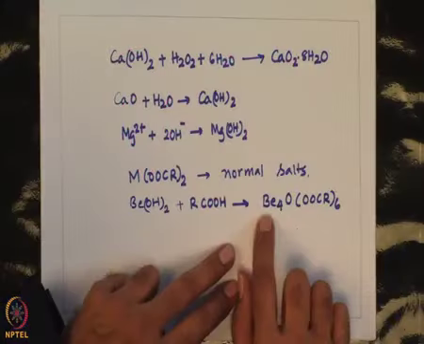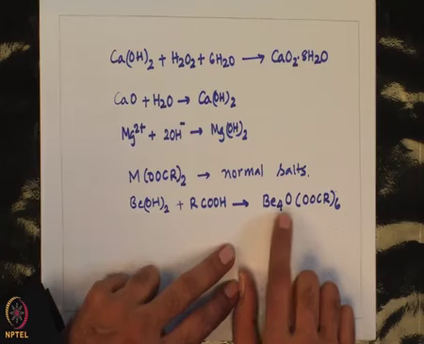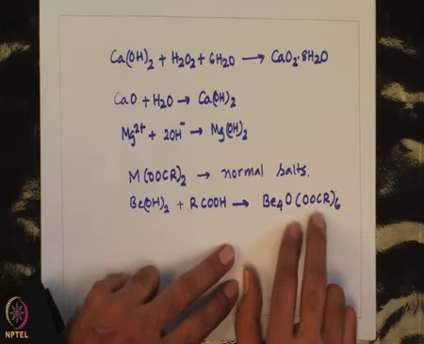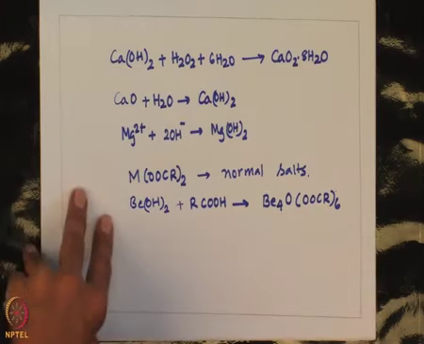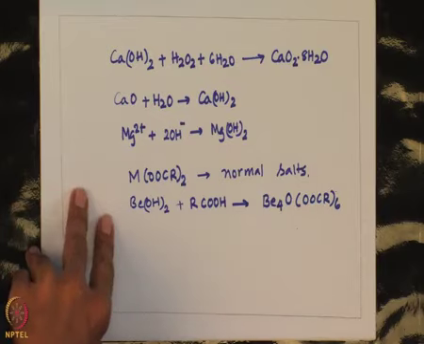With magnesium to barium, you get simply corresponding carboxylates as normal salts similar to palladium acetate, sodium acetate. Whereas in case of beryllium hydroxide, it reacts to give a basic carboxylate which has 4 beryllium atoms, 1 oxygen atom, and 6 carboxylate groups. And let us look into the structure, how it looks.